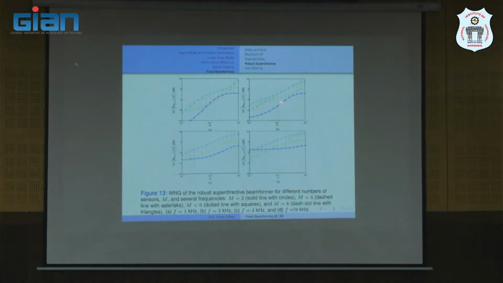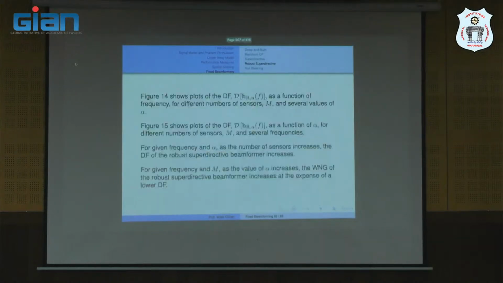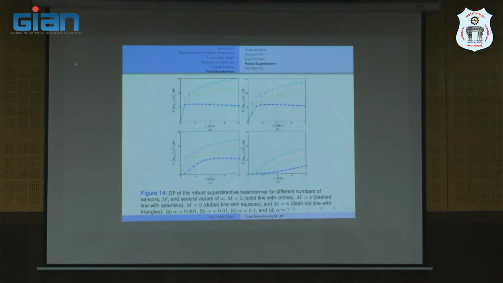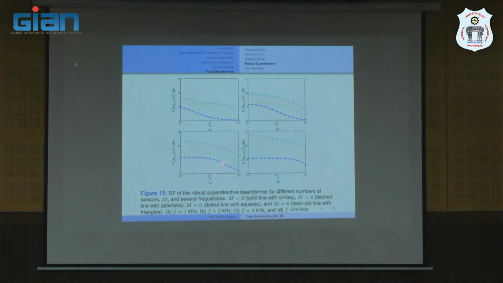So for each frequency, I can choose a different alpha, such that the white noise gain will be larger than 0 dB. Or a different threshold. But suppose that the threshold is 0 dB. Okay? So alpha depends on the frequency, the optimal alpha. And then, if I go to the directivity factor, you see that the directivity factor for this alpha will be lower than the maximum that I can achieve because it goes down using this value.